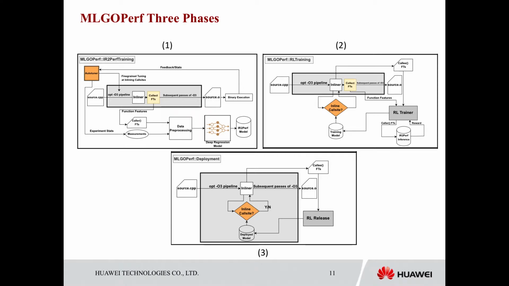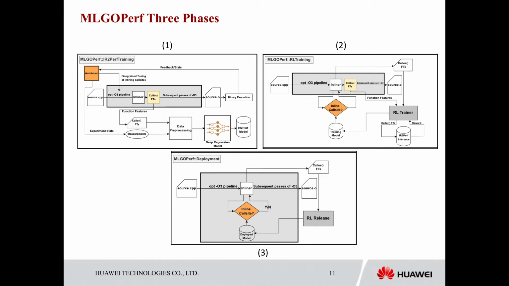So the first phase, which is the IR2Perf training, we simply generate many configurations of inlining that have meaningful inlining impact on the code in different call site granularity. Then we have developed an analysis pass here, written as collect features, that collects features post inlining for us.